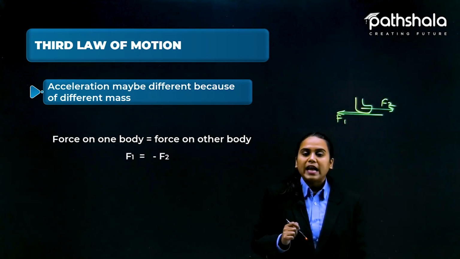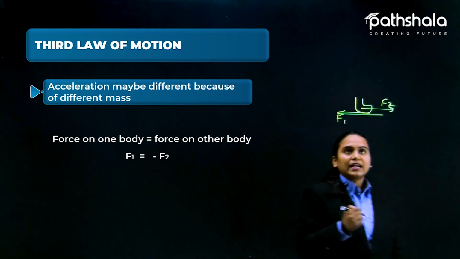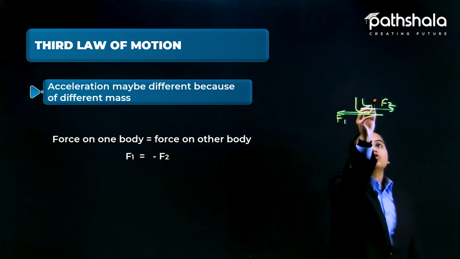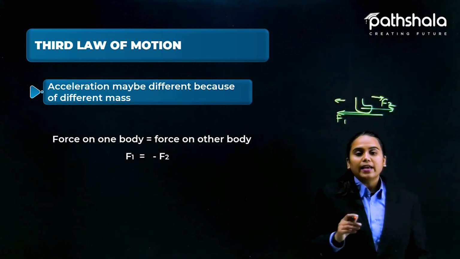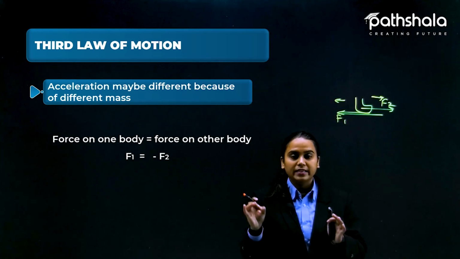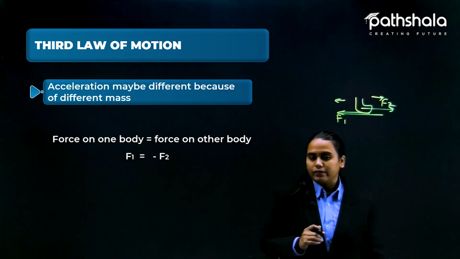So we can write that F1 is equal to minus F2. The minus sign here predicts the opposite direction. It is not that a negative value is working here, but the direction is shown by the negative sign.